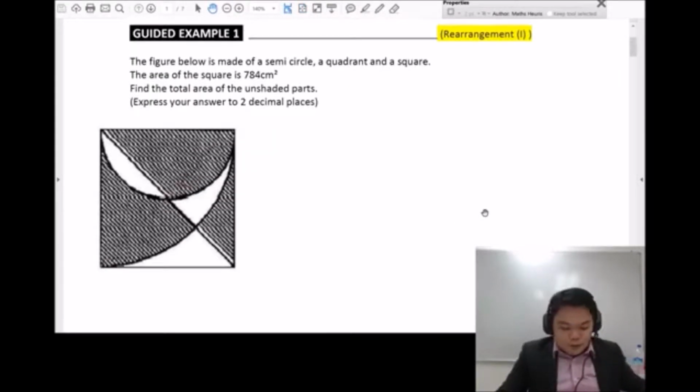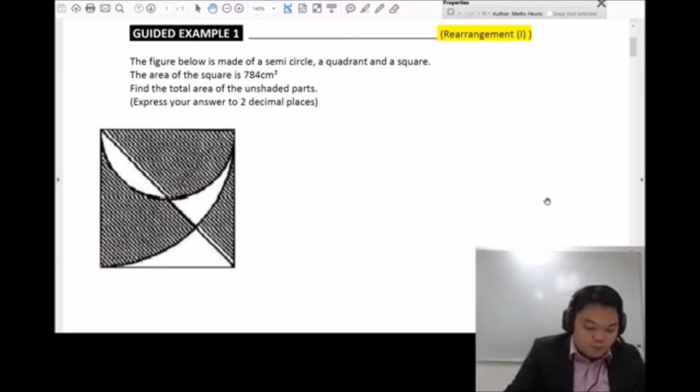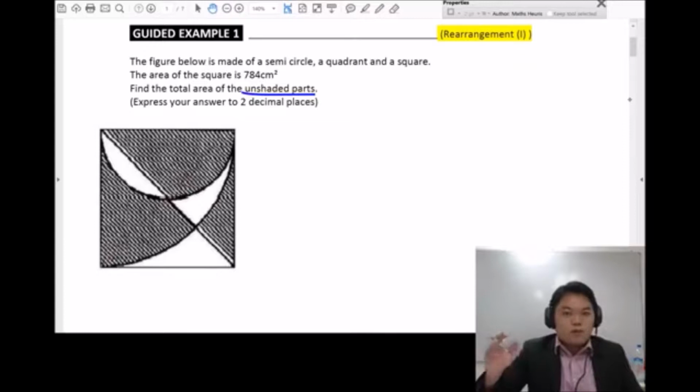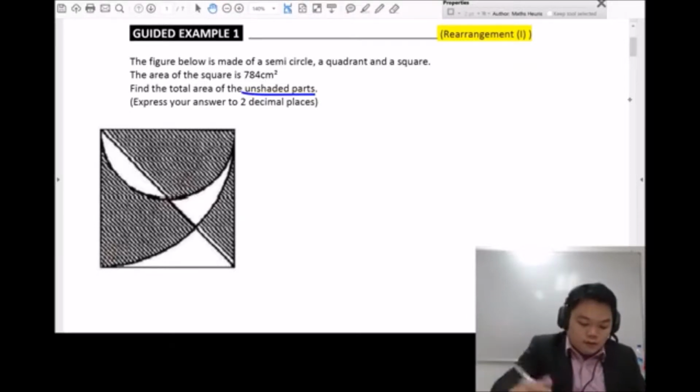In the first example, you will see that this figure is made up of a semicircle, a quadrant, and a square. The area of the square is 784 cm squared. We are to find the total area of the unshaded parts. When the child first looks at this question, they want to try to find the areas individually, but it is rather complicated.